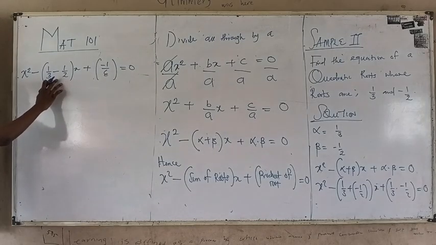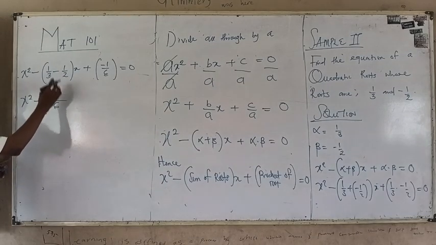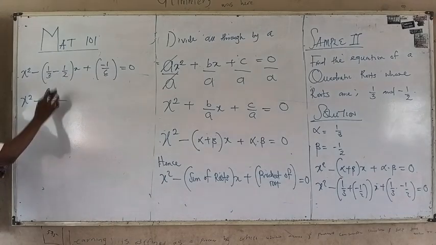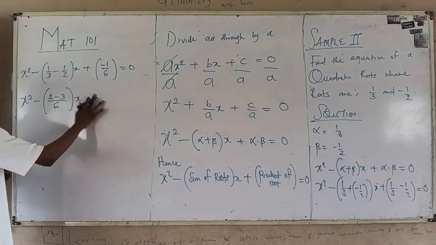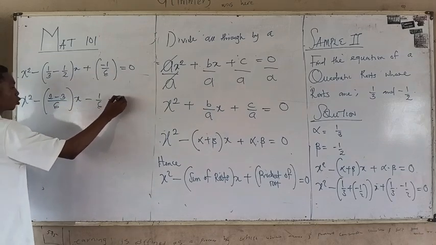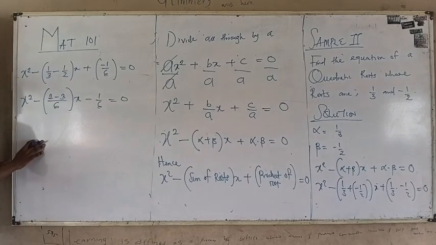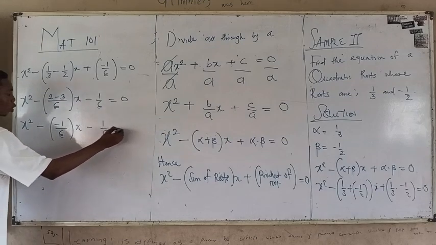Who can tell what will be the LCM here? LCM is 6. Then what happened? 3 in 6, 2. 2 times 1, 2 minus 2 in 6, 3 times 1, 3. Plus, be careful, plus times minus, 1 over 6 equals to 2 minus 3. x squared minus 1 over 6 x minus 1 over 6 equals to 0.